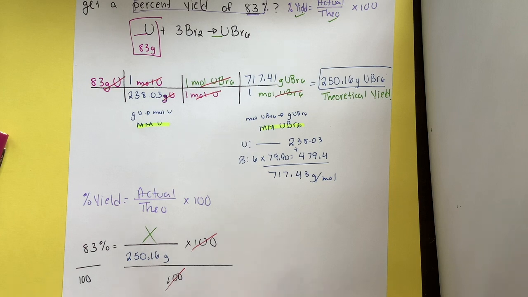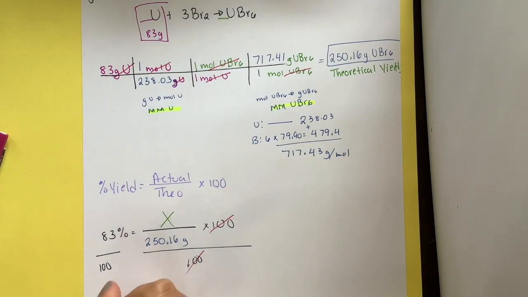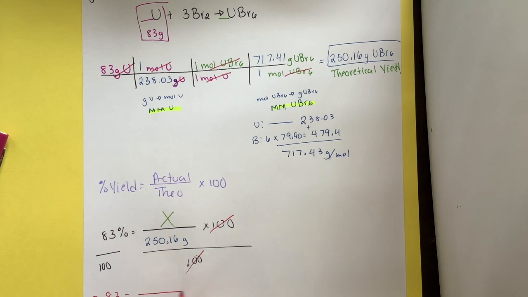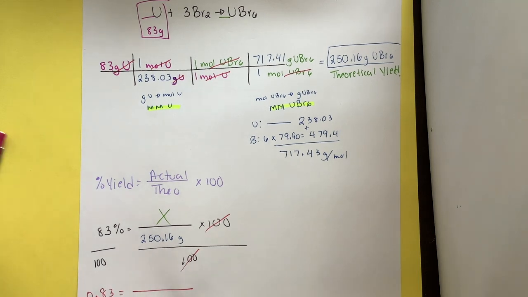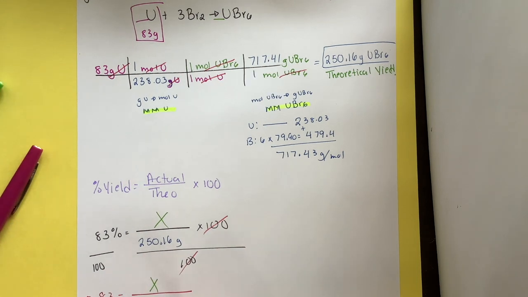Okay? 83 divided by 100 equals 0.83 equals X times 250.16.